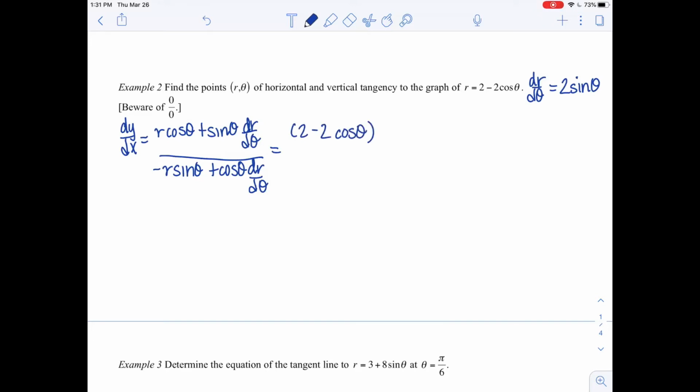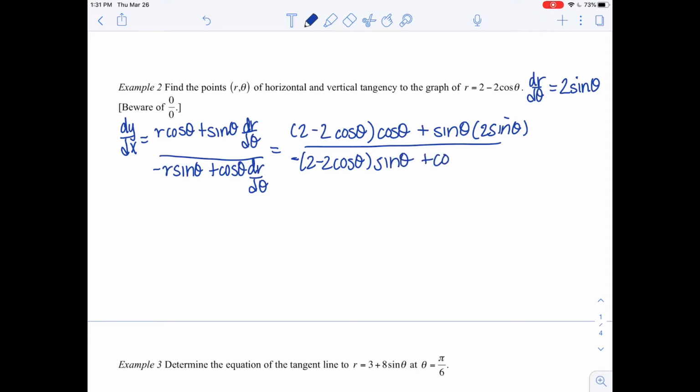Okay, so we fill in the values from above. r is 2 minus 2 cosine theta, times cosine theta, and then I have sine of theta times 2 sine of theta. And then in the bottom, negative 2 minus 2 cosine theta, times sine of theta. Sorry, it takes a little while to even write these out, but I still want you to see exactly how I work through a problem like this.